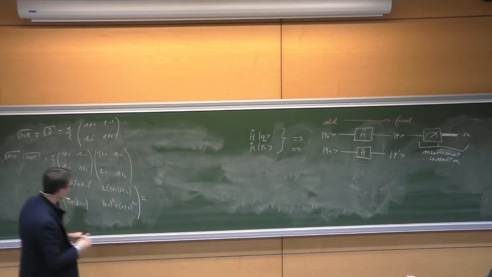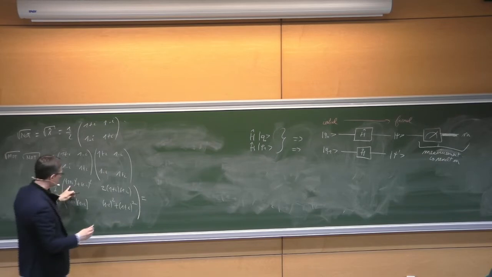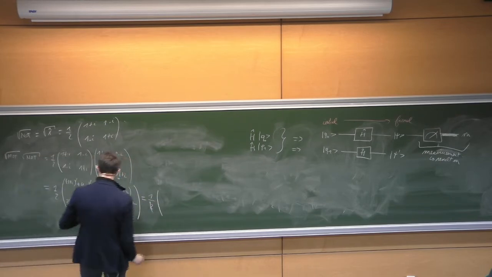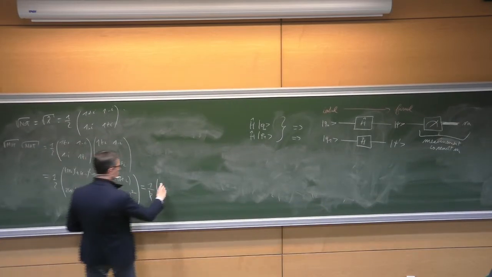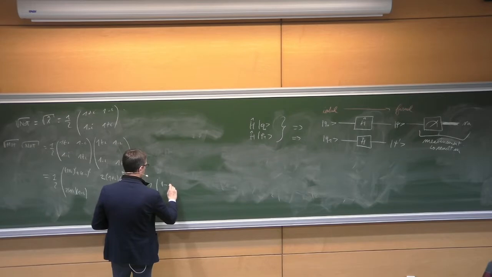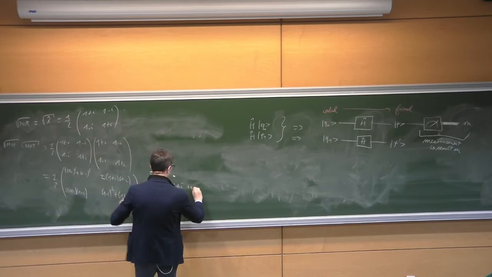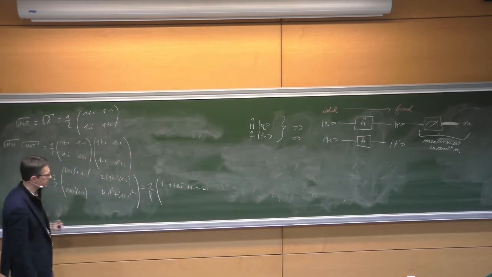The good thing is I only need to know two terms, this one, yes, twice. So if I look at this one, I have 1 plus i, so that's 1 minus 1 plus 2i, and then the other one, which is plus 1, minus 1, minus 2i, because it's twice this.